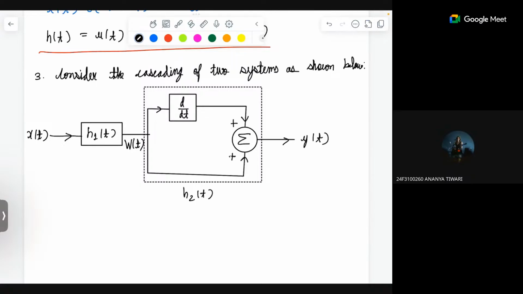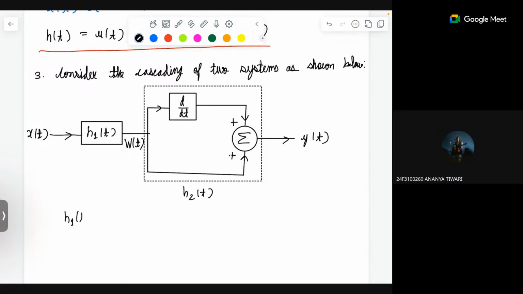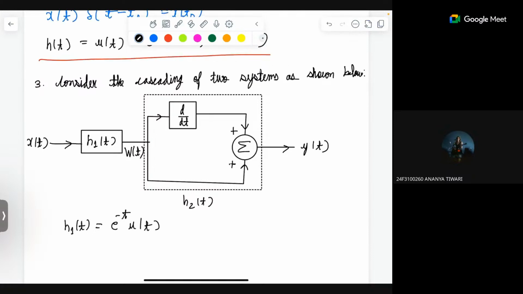This is H1 of t. H1 of t is given to you: H1 of t is e raised to the power of minus t u(t). So if you look at this question now, H1 of t and H2 of t are cascaded, and inside H2 of t, the differentiation of w(t) and w(t) are added.